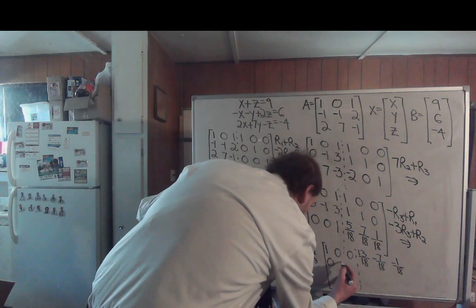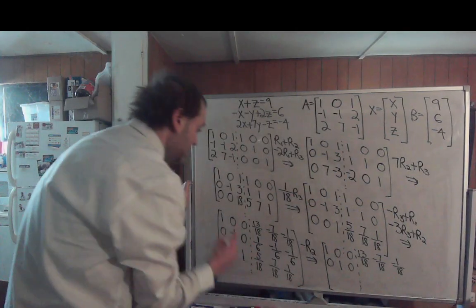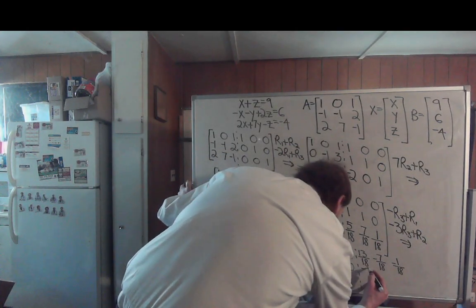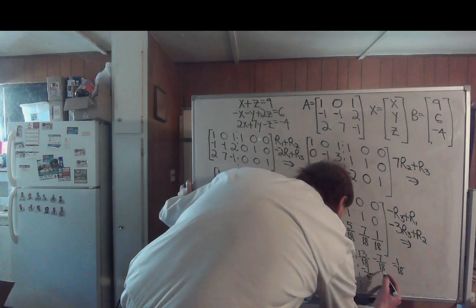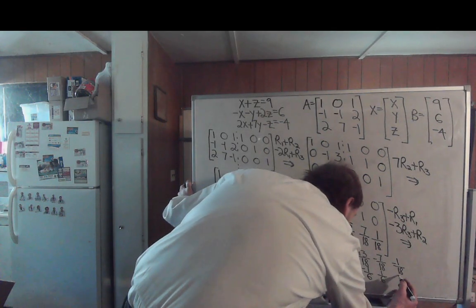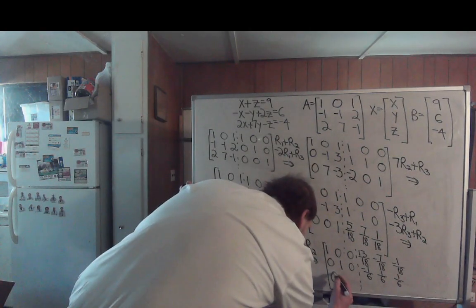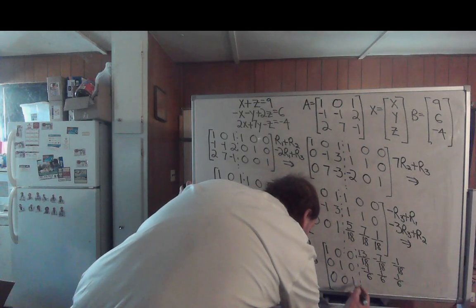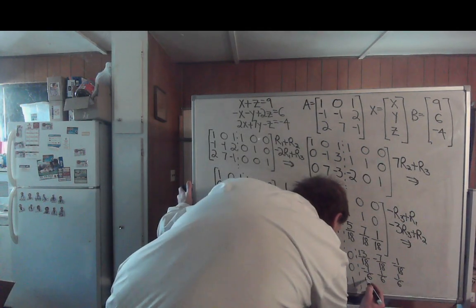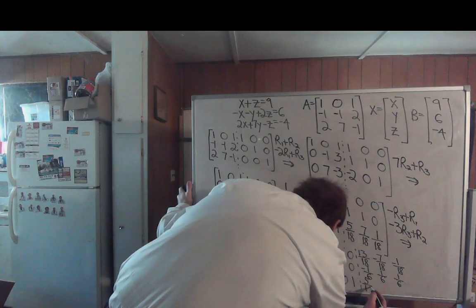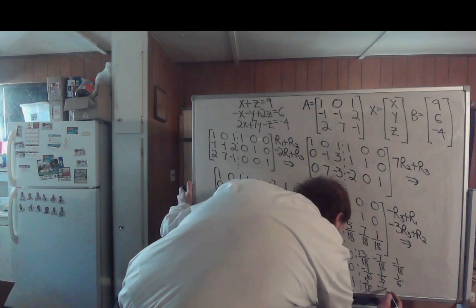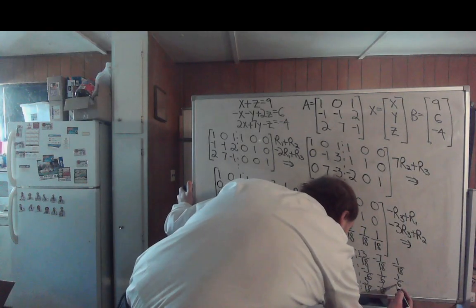You'll get 0, 1, 0. Then negative 1/6 becomes positive 1/6, and positive 1/6. Row 3, you just leave that alone. 0, 0, 1. You'll have 5/18, 7/18, and 1/18.